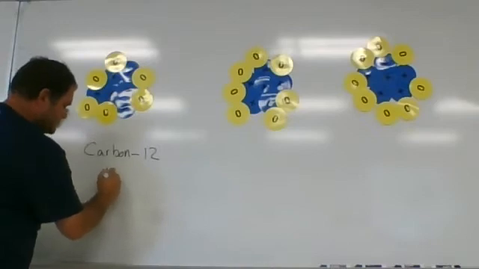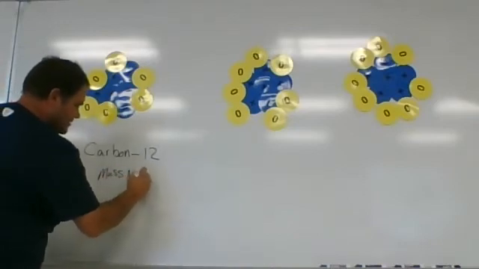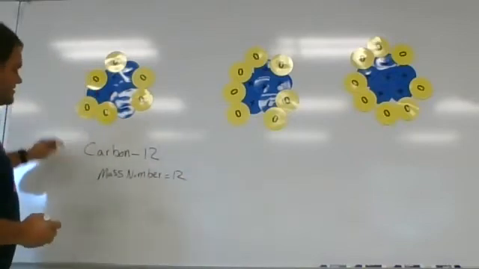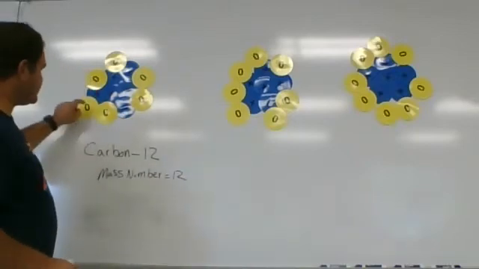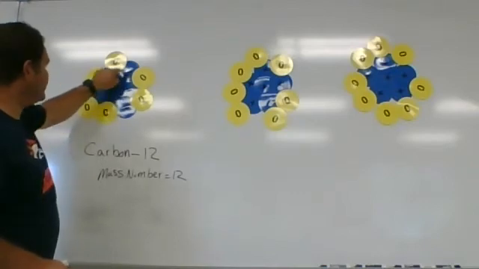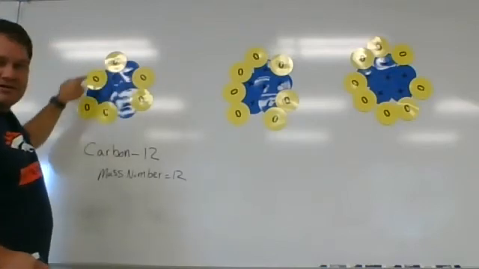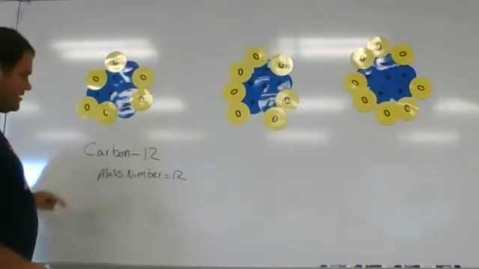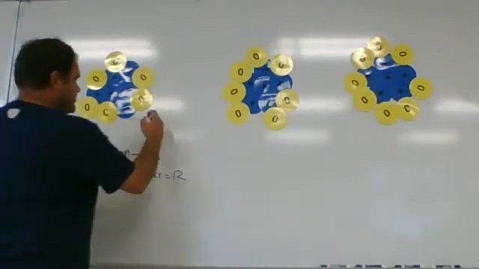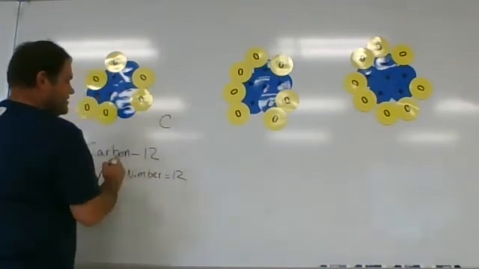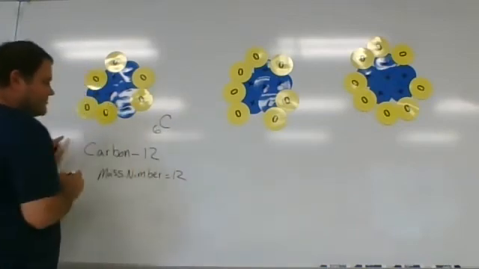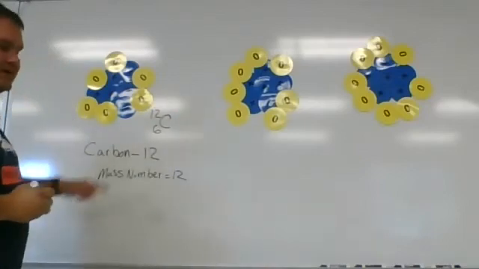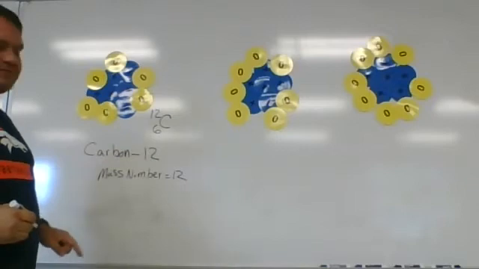The mass number is 12 for this carbon atom because, again, it has 1, 2, 3, 4, 5, 6, 7, 8, 9, 10, 11, 12 particles in the nucleus. Symbolically, we would represent this as carbon with an atomic number of 6 and 12 as the mass number up in that corner. So that's how we would write this.